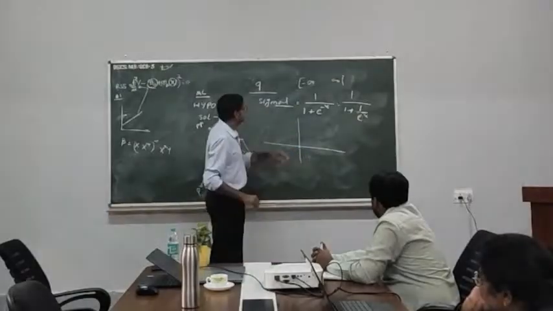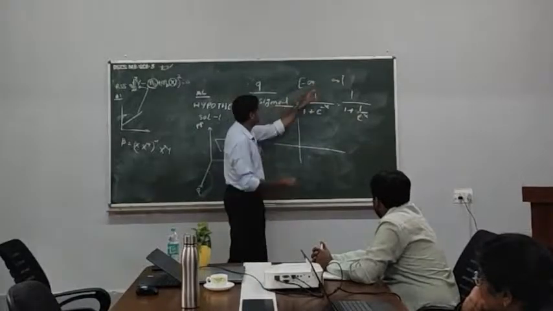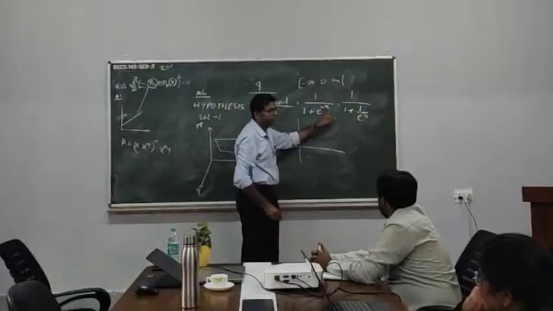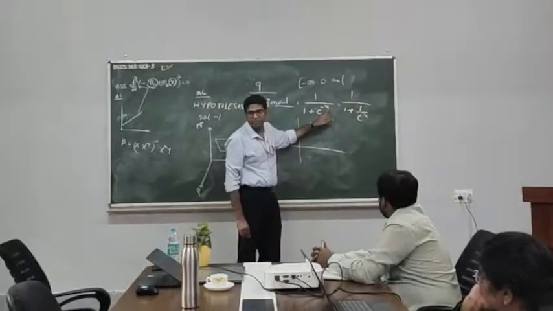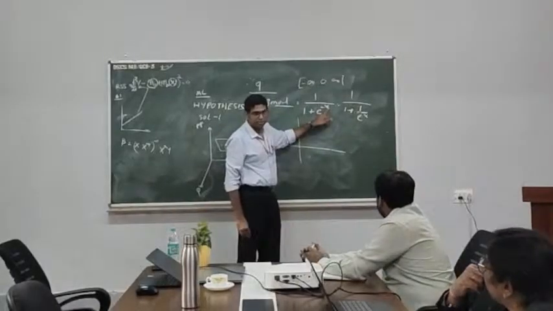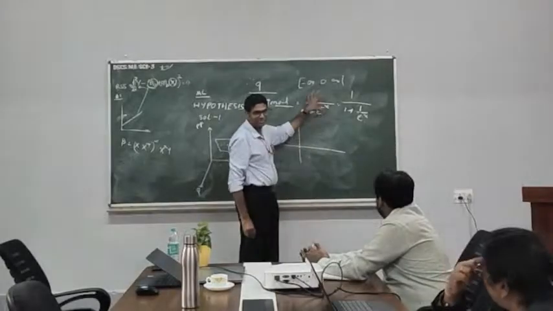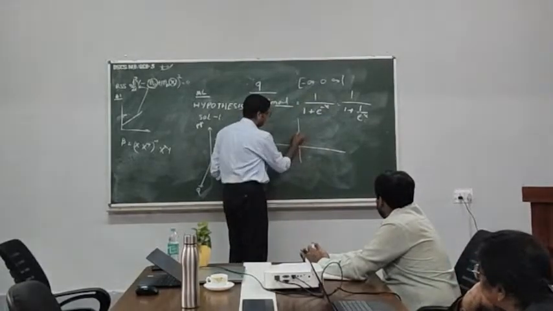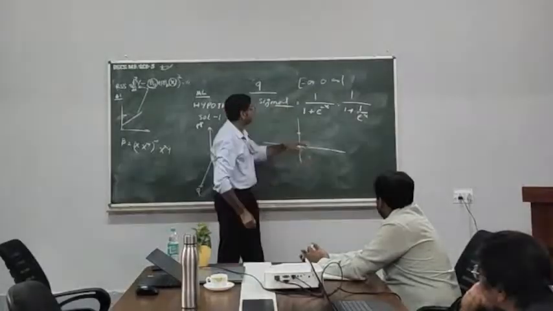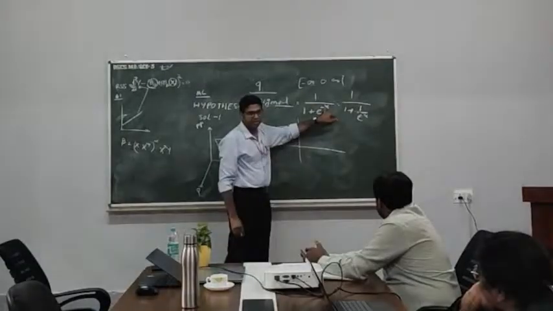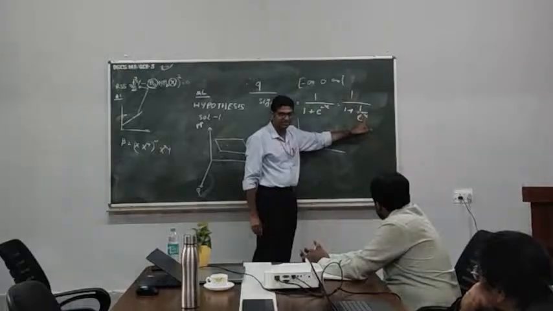Now your middle term is 0, so you can put x equal to 0. How much are you getting? This is 1. 1 plus 1, 2. Now you put infinite here.